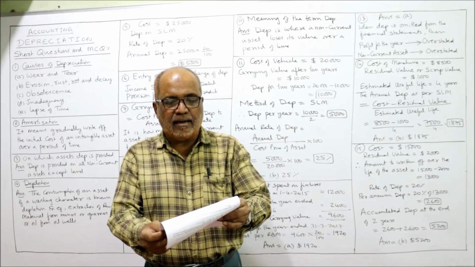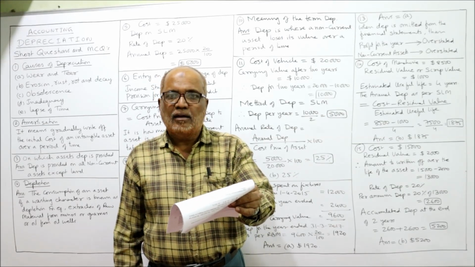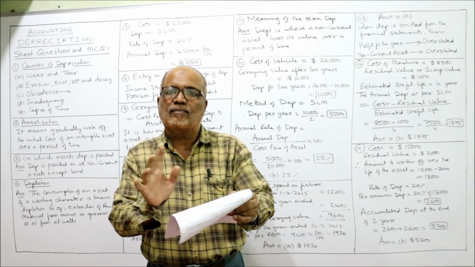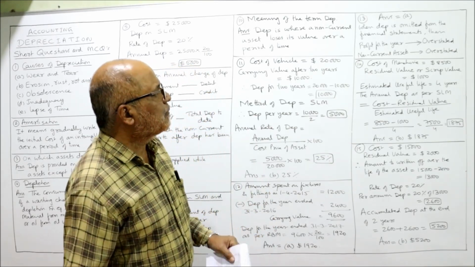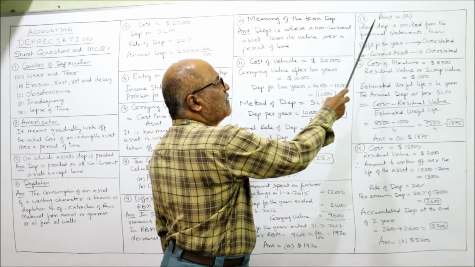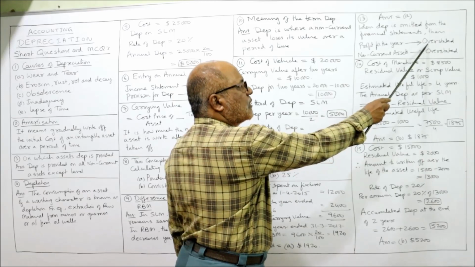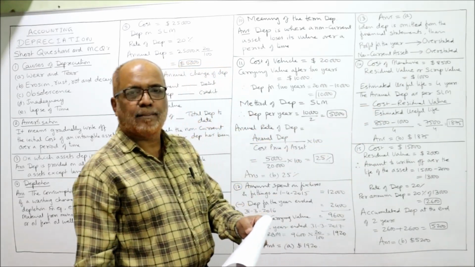So the answer is A. Non-current asset overstated, profit for the year overstated. That's it. This is the 13th one. I have written here answer A. When depreciation is omitted from the financial statement, profit for the year is overstated, non-current asset overstated.